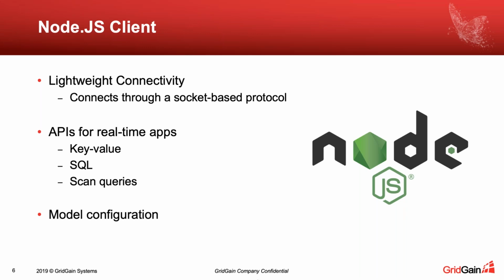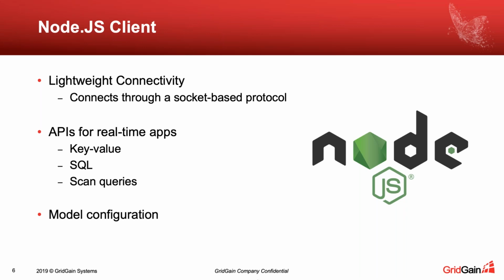And if your Node.js applications previously used SQL heavily, also scan queries are handy if you want to scan through a data set stored in one of the tables or in one of the caches of Ignite. And also for sure, you can configure your caches or tables from your Node.js applications. You don't need to predefine the whole data model, data structure statically before the deployment happens. You can keep doing this in runtime when your application is already in production.